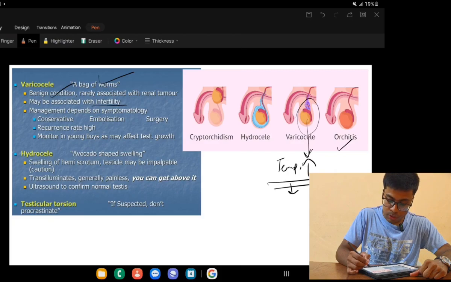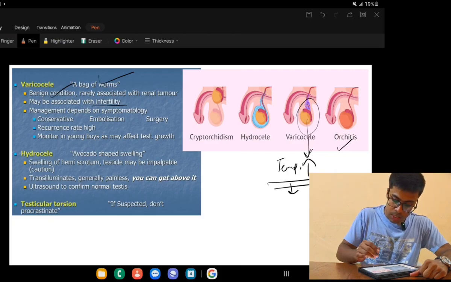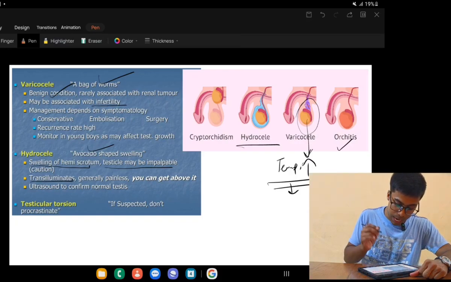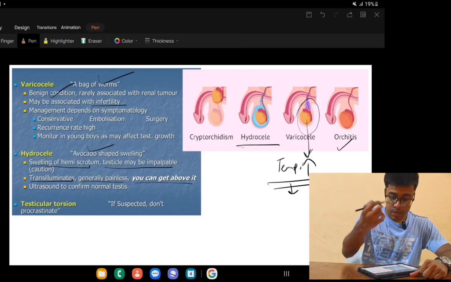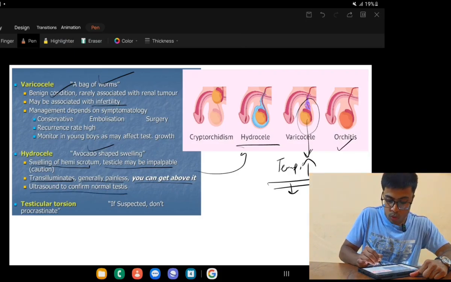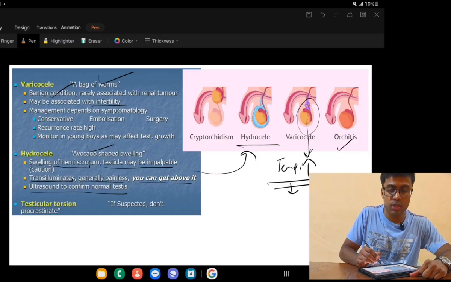Orchitis, that is infection or inflammation. Then hydrocele, that is an avocado shaped swelling of the hemi-scrotum, the testicle may be impalpable, it illuminates under light, and is generally painless. You can get above it, and ultrasound confirms the normal testis. For hydrocele, we do Lord's plication.